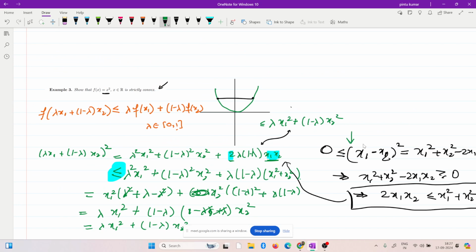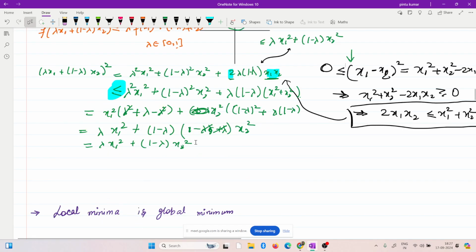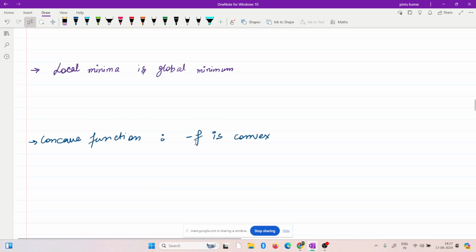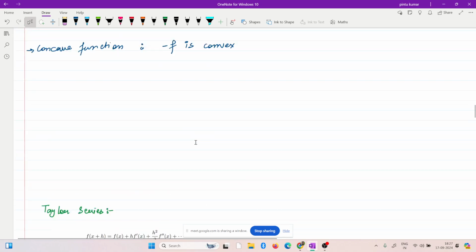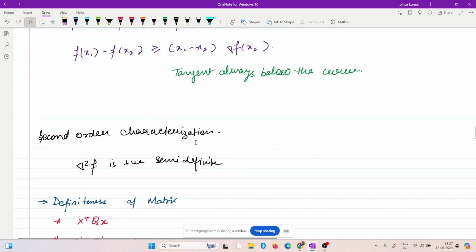The proving was not straightforward by the definition that we mentioned. The definition we mentioned, the zeroth order characterization, is the definition of a convex function, but using it is not very straightforward to prove or check whether some function is convex or not. So we will see more characterizations shortly.